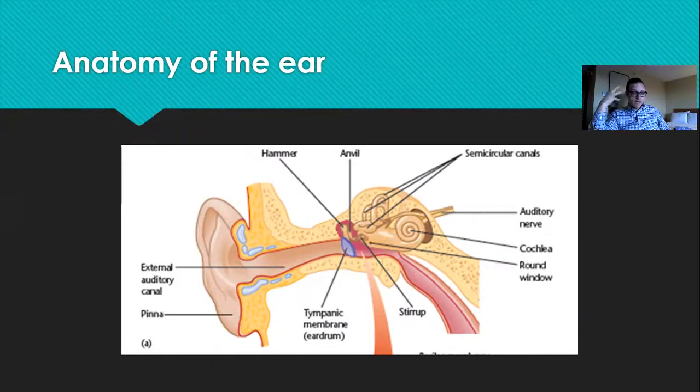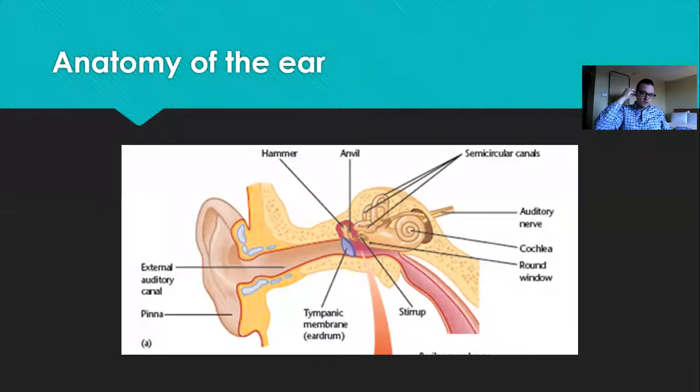Once the pressure wave moves in the ear, it hits your tympanic membrane, also known as your eardrum, which, as we were talking in the last video about resonance, reflects back approximately 3,000 pounds. So that's the outer ear.